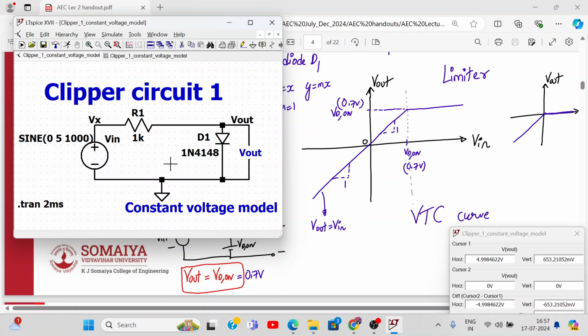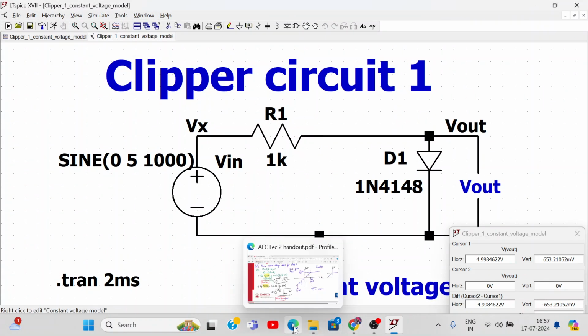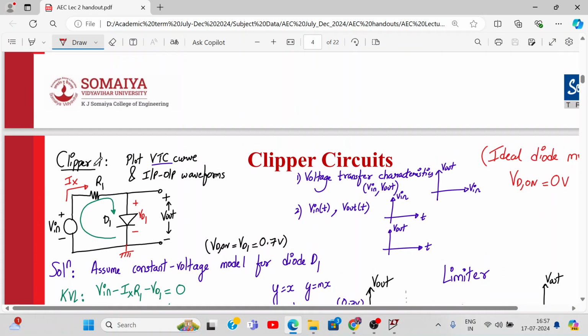So this I'll teach you separately, how to do it. Now I have one question. How to decide the value of R1? Here I've taken 1K. So how to decide this value of R1? Anyone has any idea? If you're practically selecting the circuit, how to decide the value of R1? Anyone?